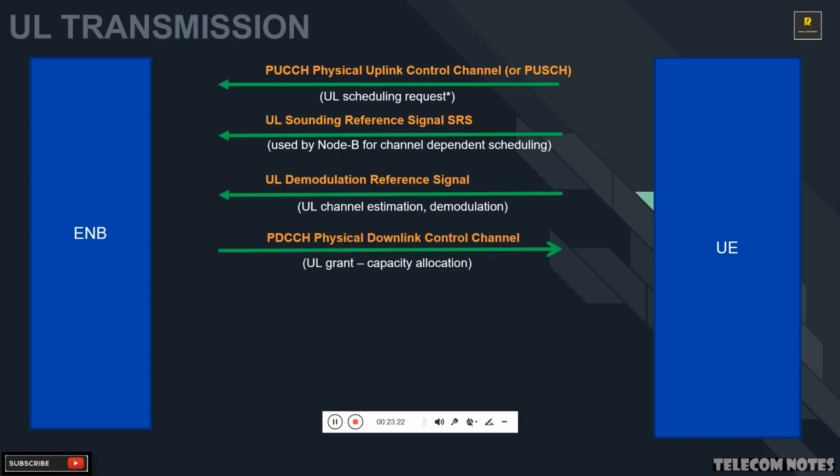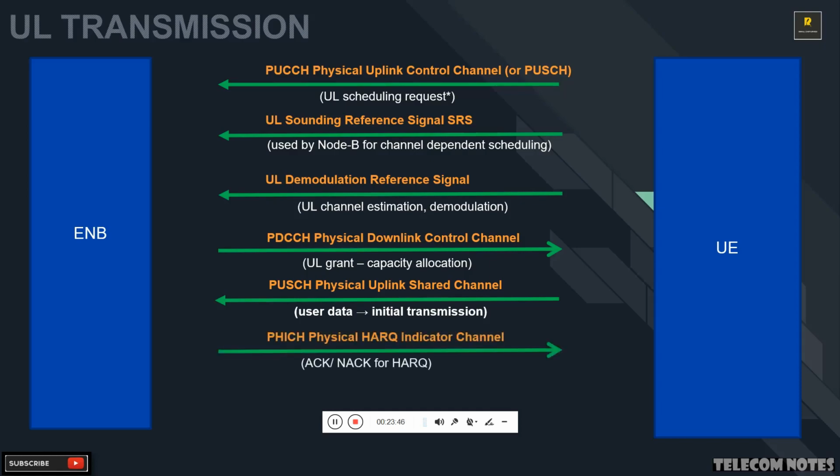After that, the eNode B sends PDCCH, physical downlink control channel, having the uplink grant, that means the capacity allotted to that particular UE. After that, the UE sends PUSCH, physical uplink shared channel, to the eNode B, that is the user data initial transmission.